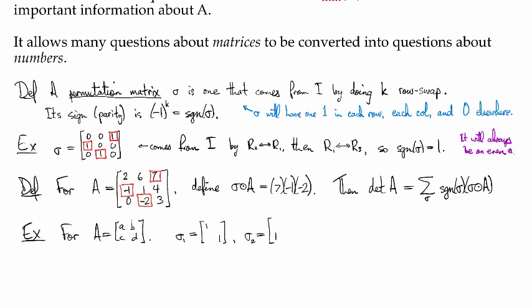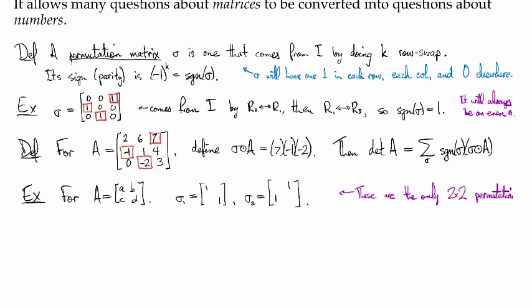Those are the only 2x2 permutation matrices, because there's not a whole lot you can do with a 2x2. So in this case, we're going to be summing over just these 2 matrices. So our capital sigma will only have 2 things in it.